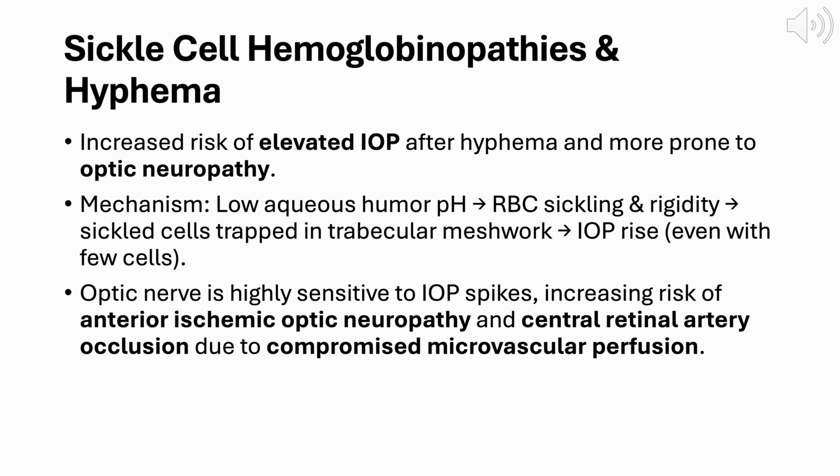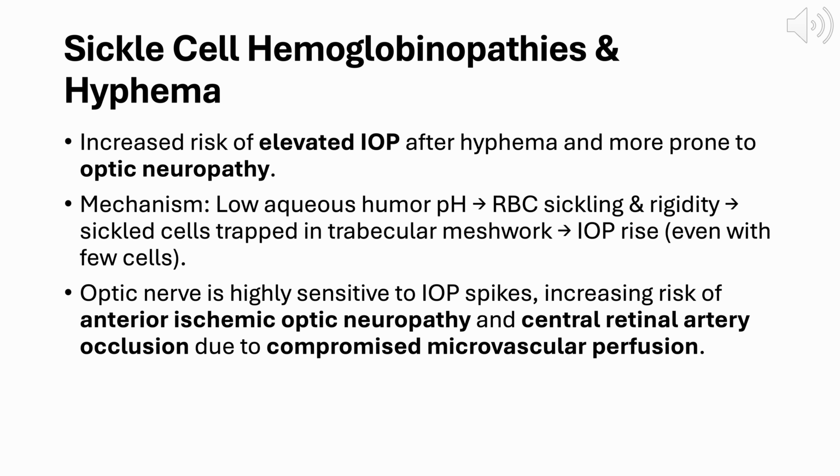In these patients, the risk of elevated intraocular pressure after a hyphema is significantly higher, and they're more prone to optic neuropathy. The pathophysiology is tied to a lower aqueous humor pH, which promotes red blood cell sickling and rigidity. These sickled cells can become trapped in the trabecular meshwork, leading to an IOP spike, even when only a small number of cells are present.